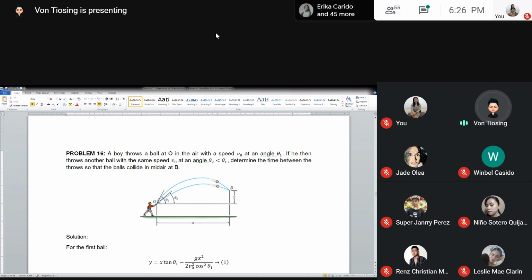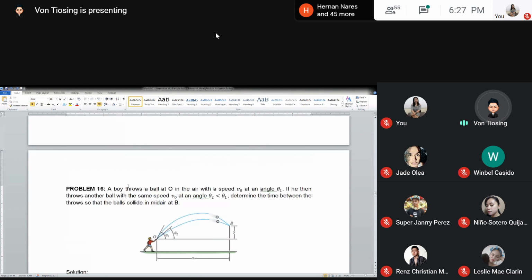May titira, tumira yung isa, matarik, maya-maya titira din yung isa, tapos magkakatama sila sa ring. Yun yung ibig sabihin nito. Which means, hindi sabay yung pagbato ng bola dito, no?